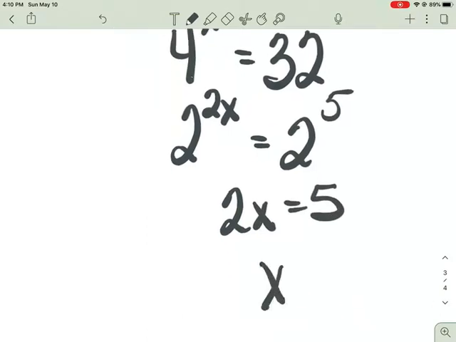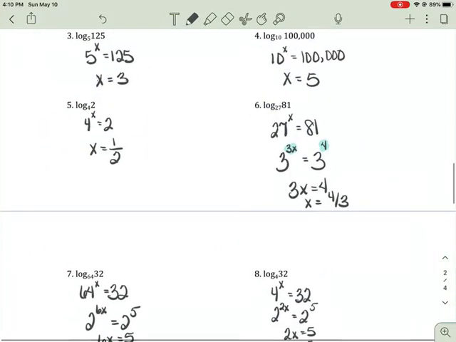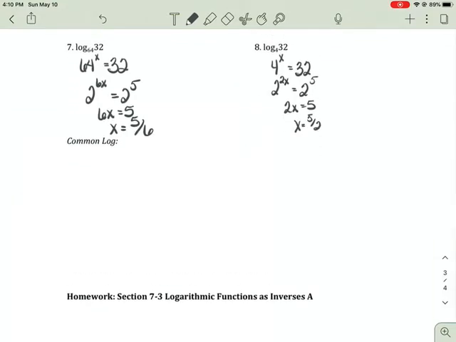So I'm going to go 2x is equal to 5. x is 5/2. So again, the key is I would write these as exponents when I'm solving and either try guess and check right now, get the bases to be the same, and set the exponents equal to each other.